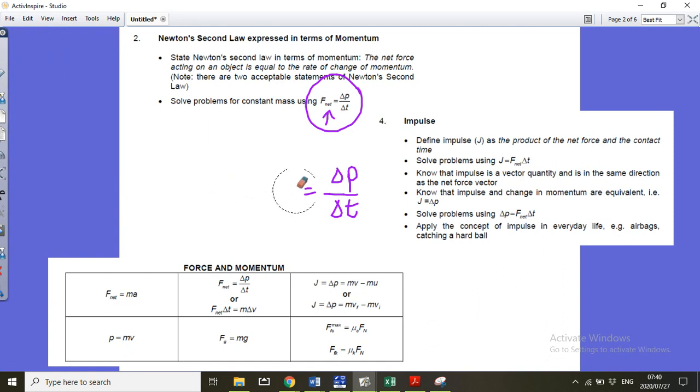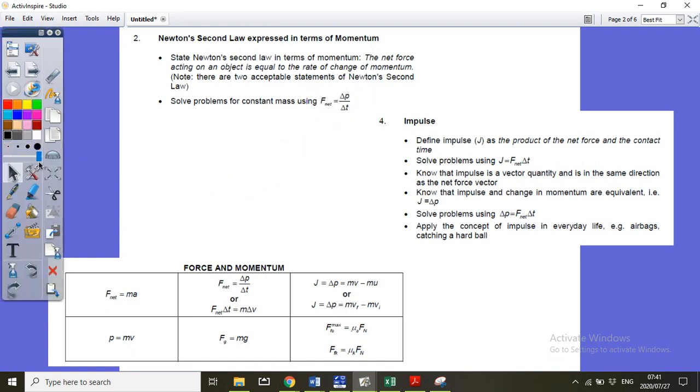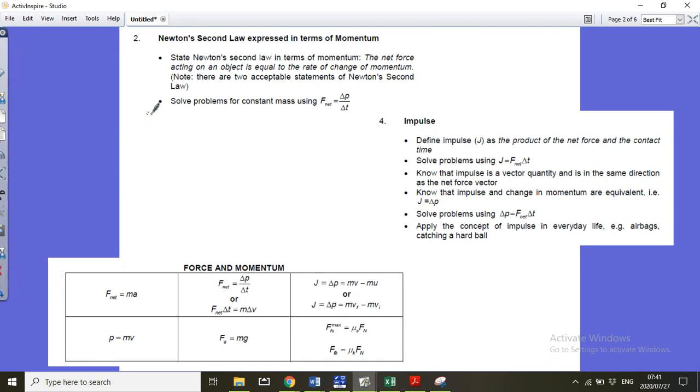Now, looking further at this change in momentum, you will see that many of your equations on your information sheet involve this, because now we have that F net is delta P over delta t. So we can change that equation around and say that the net force, F net, times the time that the object is experiencing that net force is equal to the change in the momentum, just swapping the maths around.